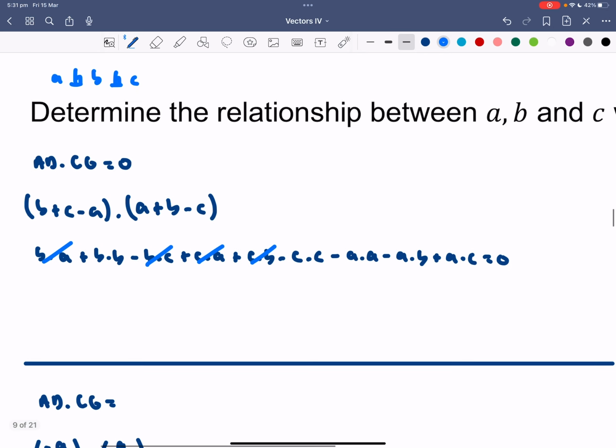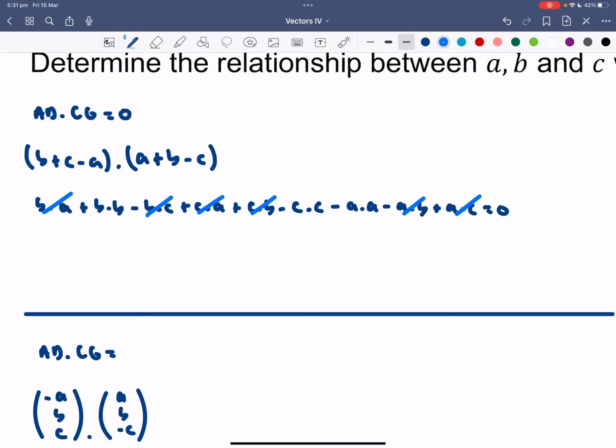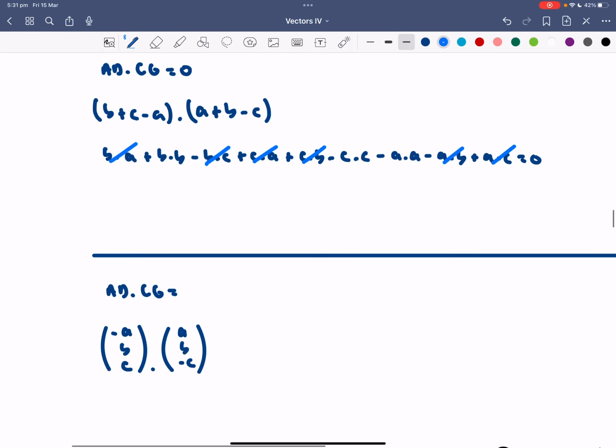These are all 0, 0, 0, 0, 0, because they're perpendicular to each other. So what do we get left with? We get left with B dot B, which is magnitude of B squared. Take C dot C, which is magnitude of C squared. Take A dot A, which is magnitude of A squared, is 0. So we get magnitude of B squared is equal to magnitude of A squared plus magnitude of C squared.